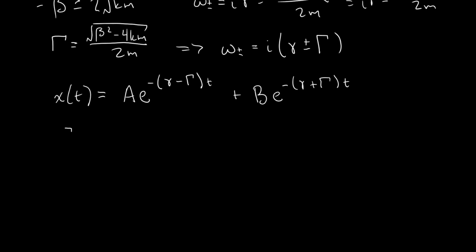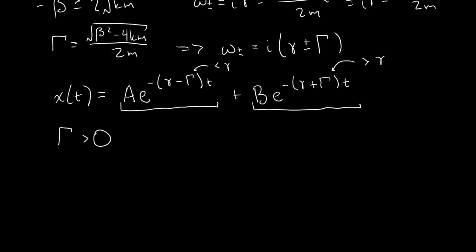And in the case where big gamma is greater than 0, the first term decays at a rate less than gamma, and the second term decays at a rate greater than gamma. This means the second term dies off faster than in the case where big gamma is equal to 0, and the first term dies off slower. So the motion ends up being dominated by the first term.